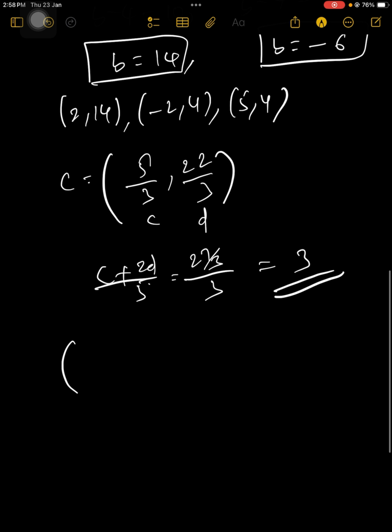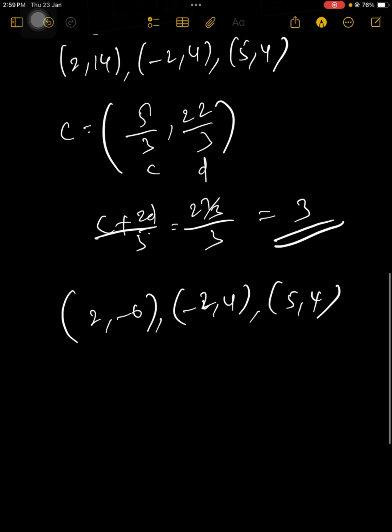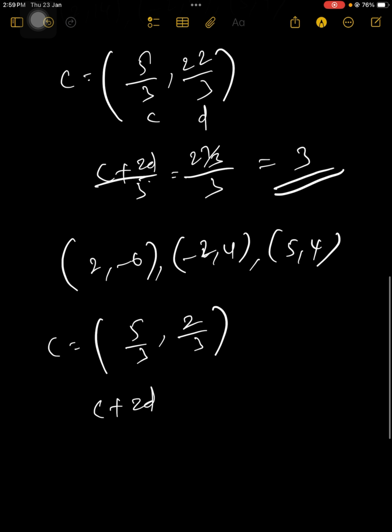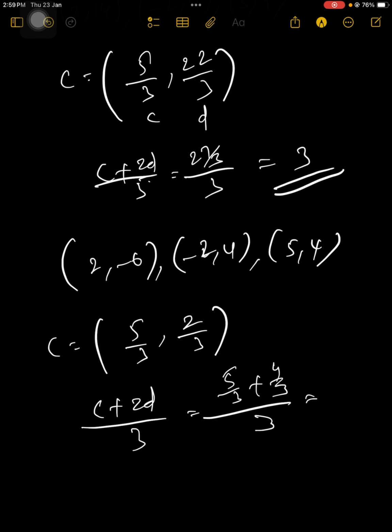Suppose if b is (2, minus 6), (minus 2, 4) and (5, 4), then the centroid c is equal to 5 by 3, like it is 2 by 3, then we can find c plus 2d by 3. 5 by 3 plus 4 by 3, 9 by 3, which is 3.